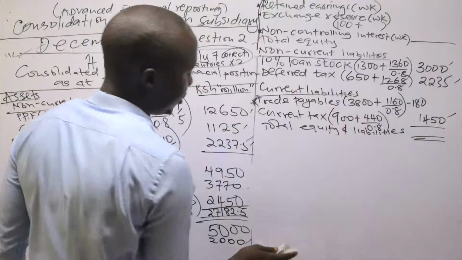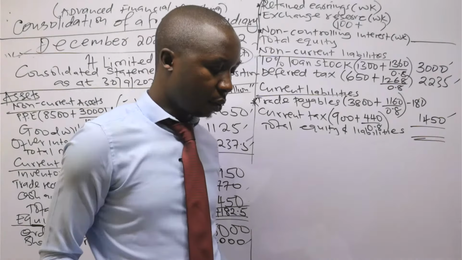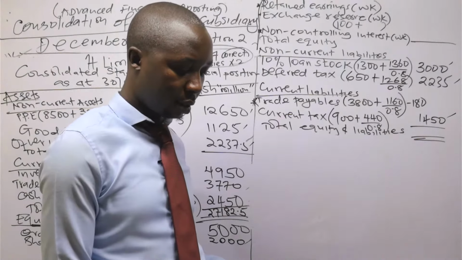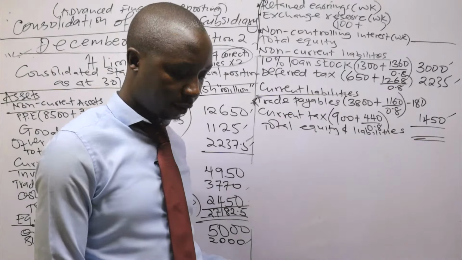Looking at our question, there's various work to be done. Already we have done goodwill, which is okay, which was part of the requirement. We have done other work of determining revaluation.